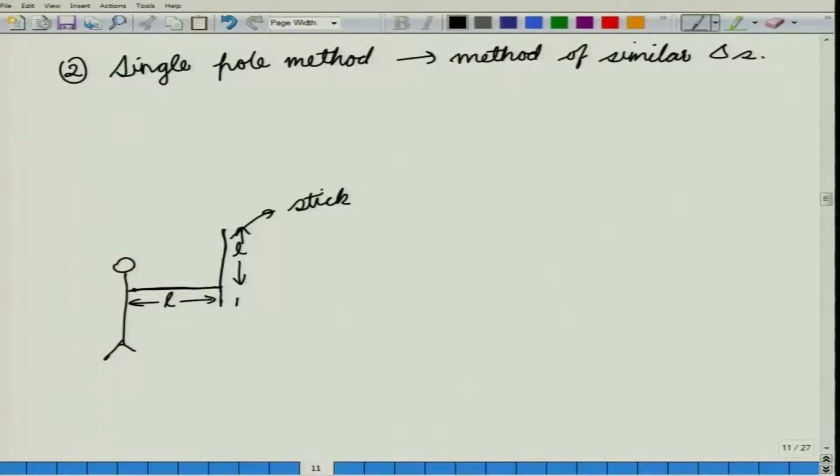The total length of the stick is say 1.5 meters. So, this length would be 1.5 minus L.